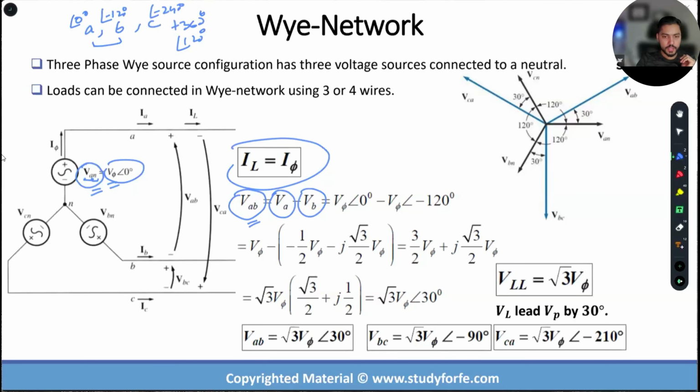Clear? Since this is a balanced system, the magnitudes of both A and B are equal. 0 degrees for my phase A, minus 120 degrees for my phase B. So this is equal to V phase minus V phase at minus 120 degrees.